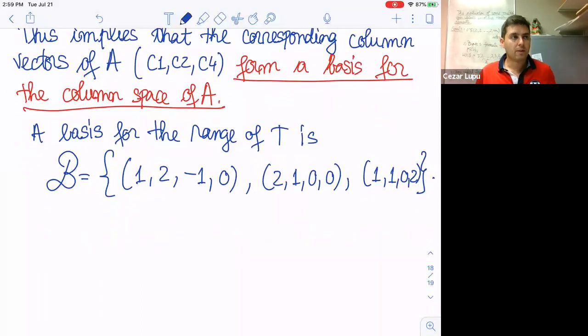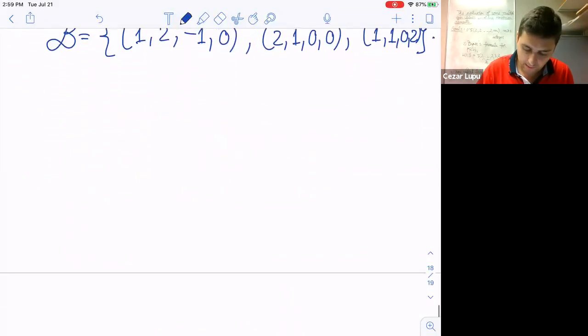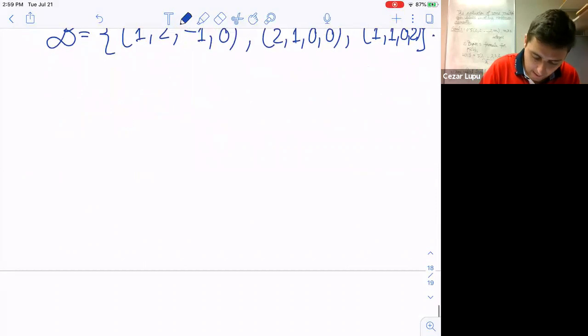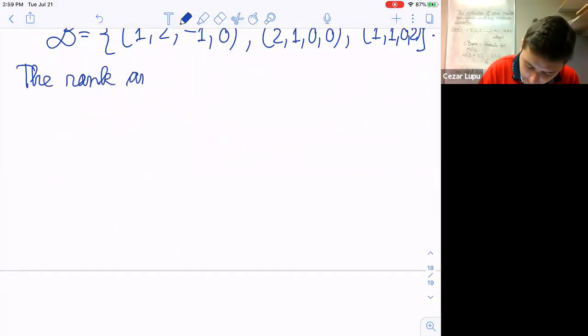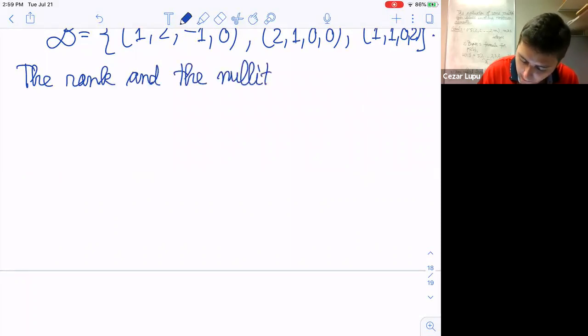Now let's talk about the rank and the nullity of a linear transformation.